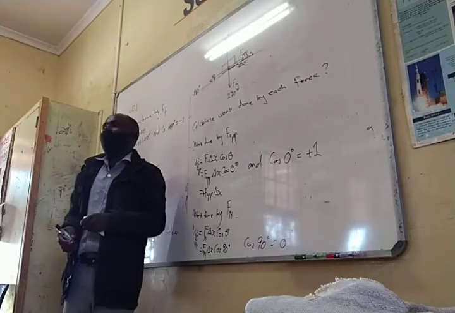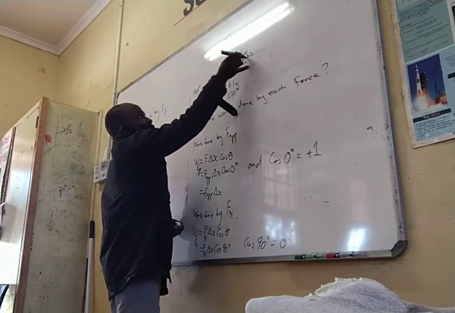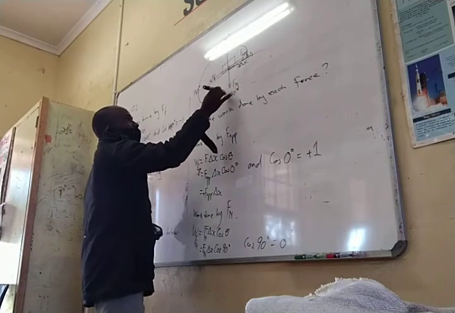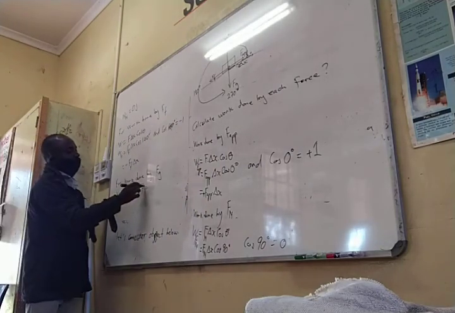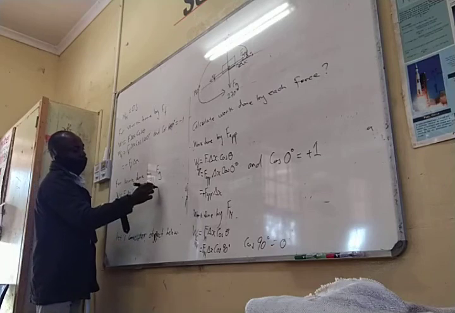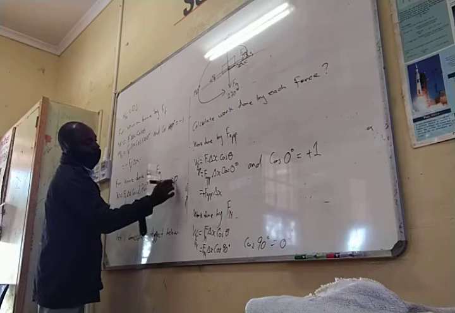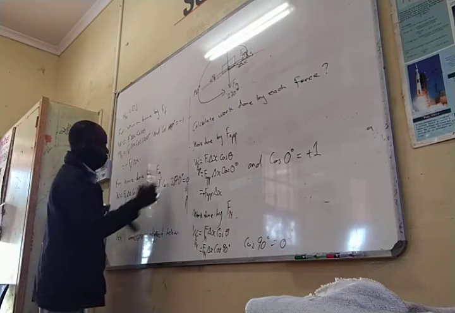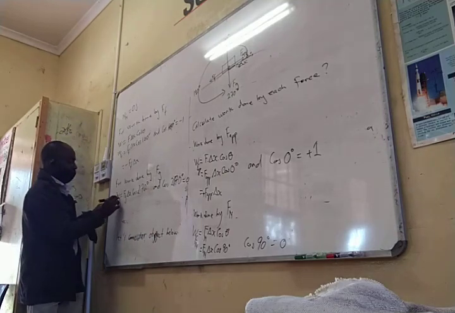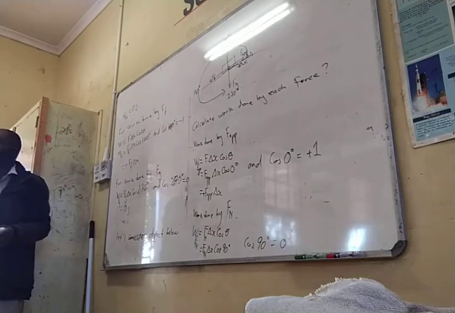You measure from here going around, coming here, how much is it? 270 degrees. And cos of 270 degrees equals 0. Therefore the work done by Fg is 0 joules altogether.